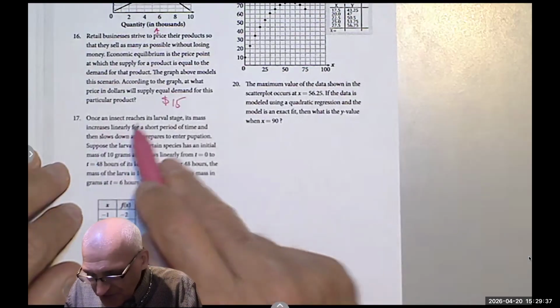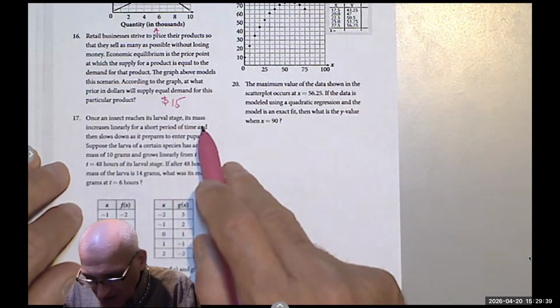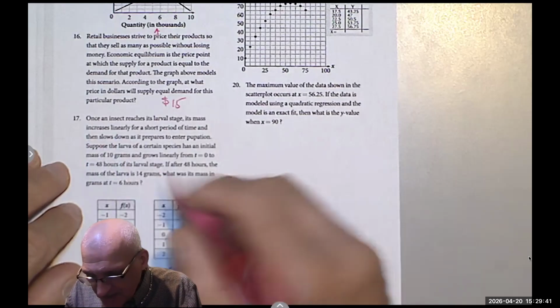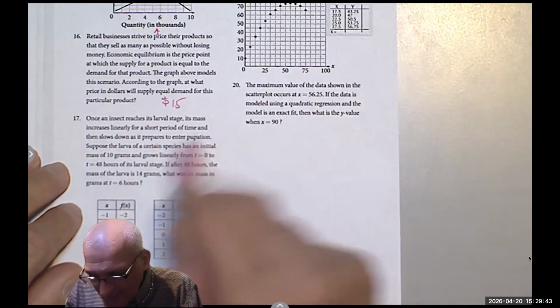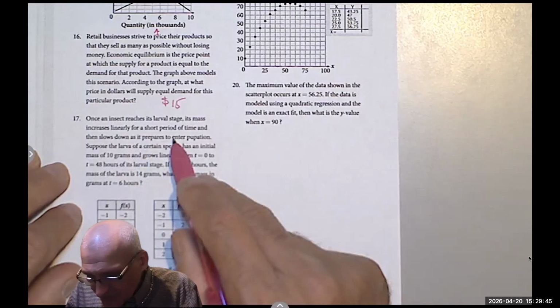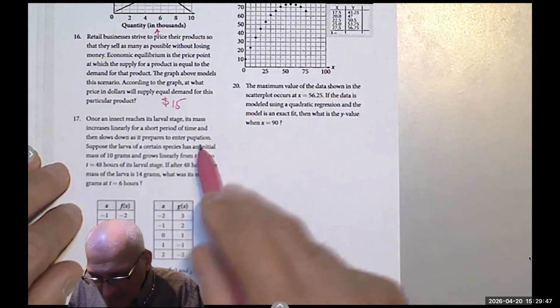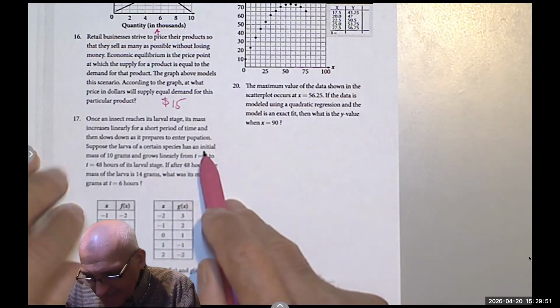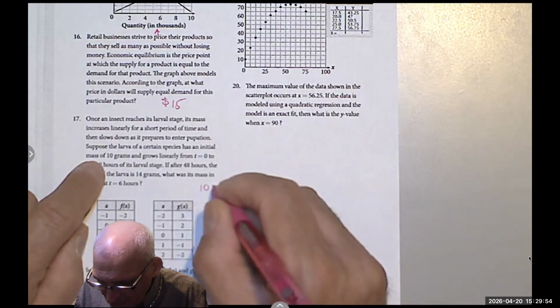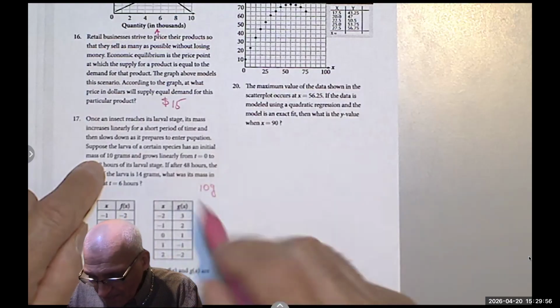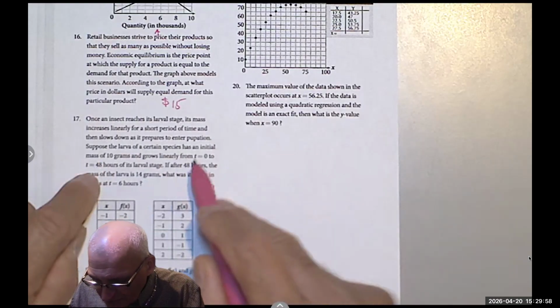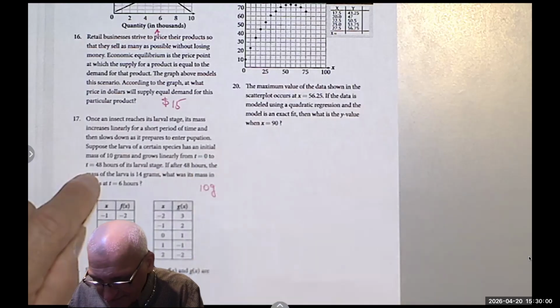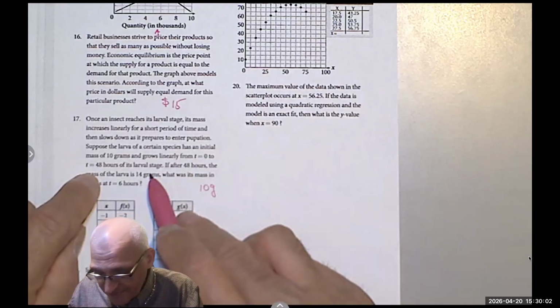Once an insect reaches its larval stage, its mass increases linearly for a short period of time and then slows down as it prepares to enter pupation. Suppose the larva of a certain species has an initial mass of 10 grams. So it starts at 10 and grows linearly from 0 to 48 until it reaches the larval stage.